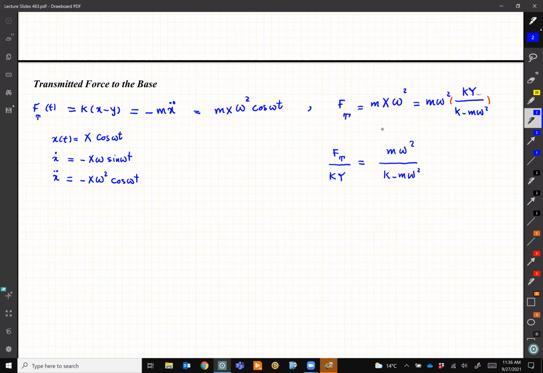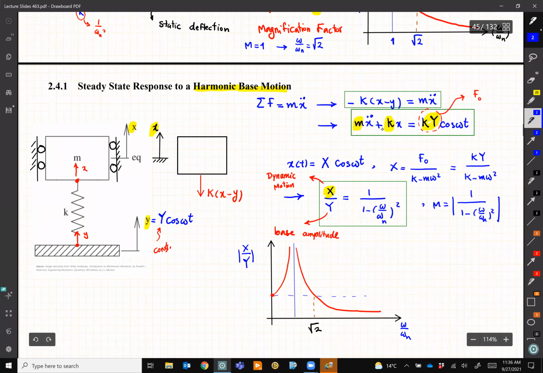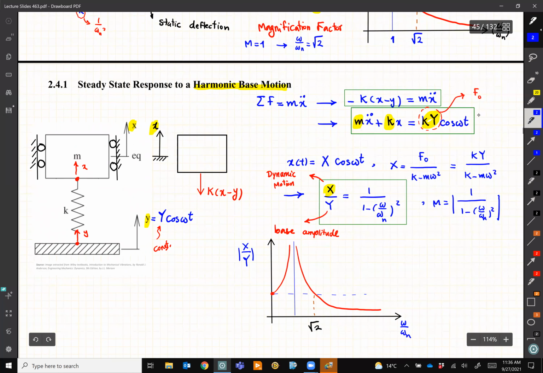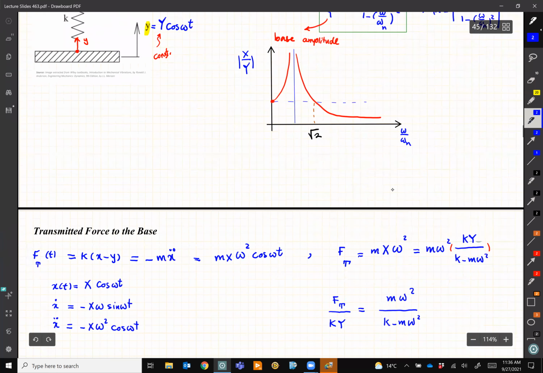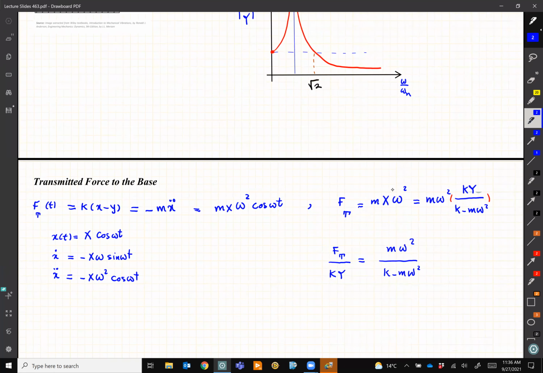Okay, I have an extra m that I'd like to get rid of. So let's move back here. So far good, we have Ky over k minus m omega squared. So I found X, and then it is Y. Okay, so let's continue. This is correct.